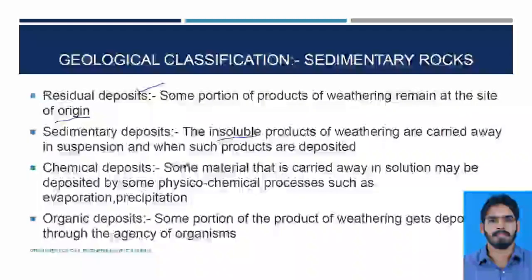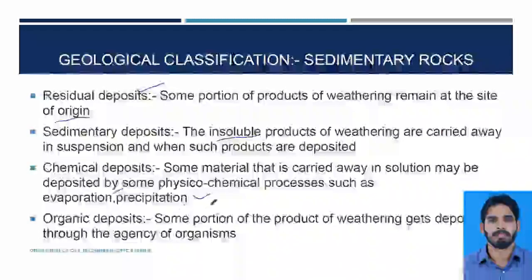Then comes chemical deposits. Some material that is carried away in solution may be deposited by some physico-chemical process, that means physical plus chemical process, such as evaporation and precipitation. As I told you, there will be some weathering agents.